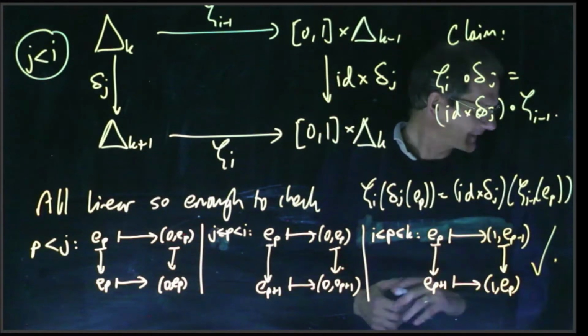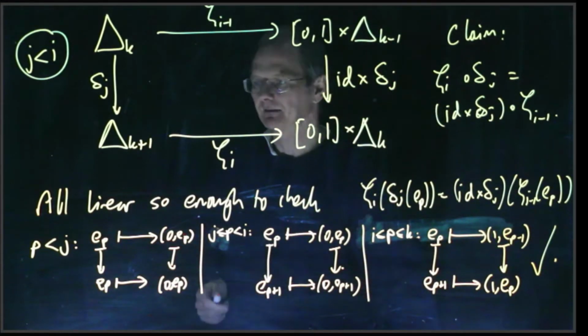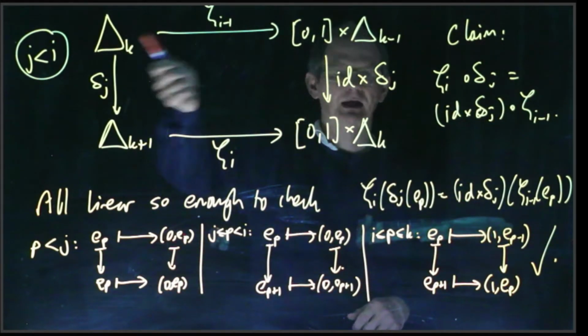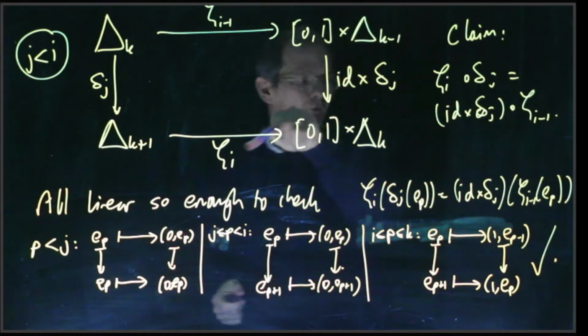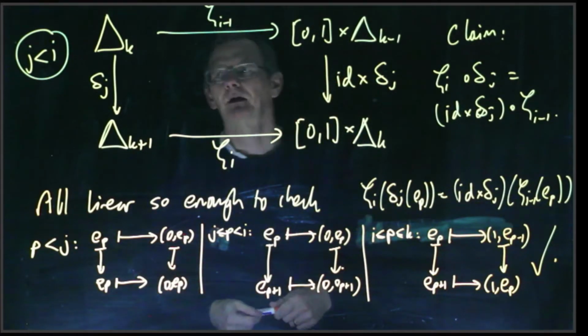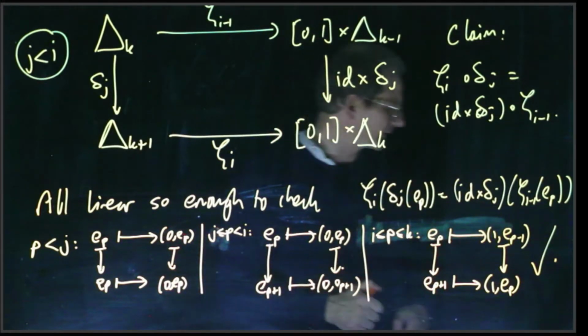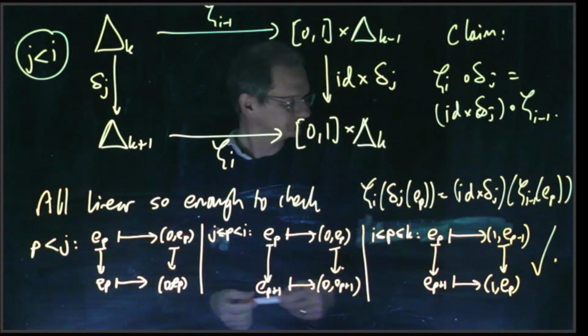So we see that in all cases the vertices of delta K get moved the same way by the two ways around this diagram, and you see that the diagram commutes. So that deals with the case where J is strictly less than I.